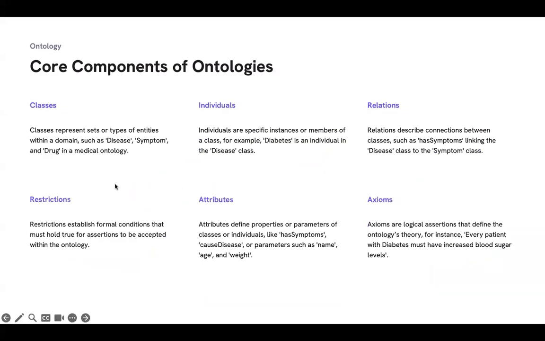So without repeating myself, let's talk about classes, which are more or less, again, we can see in this example, a class represents entities in a domain, concepts within a particular domain. We give the example of disease. So disease is a concept, symptoms a concept, drug, all these are part of, for instance, the medical ontology.